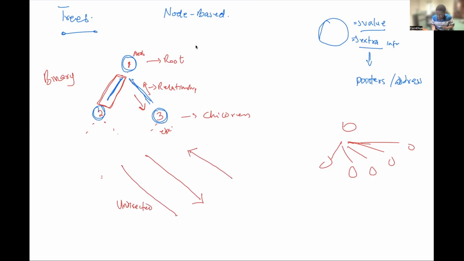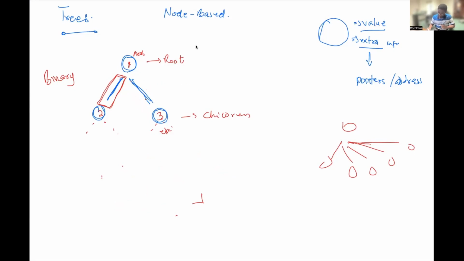So here we can say 1 is the parent of 3, and 3 is the child of 1. So the edges in the tree are undirected. Please keep that in mind. This will become particularly important when you do graphs, because we define trees as undirected graphs, and those have no cycles. So let's keep that in mind also.